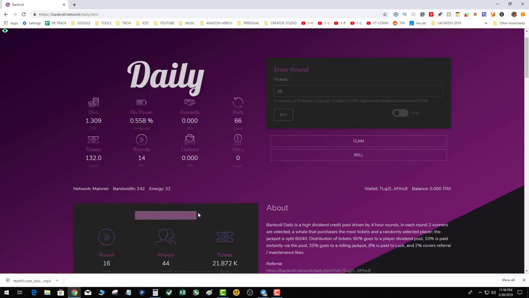So, now, keep in mind, I could let these divs stack. I'm getting that 341 a day. I could let this stack up for 5 days and have 1,500 in divs. And that's another question. You're like, well, am I getting taxed, do I lose 5% of these divs on the burn? No, you don't.